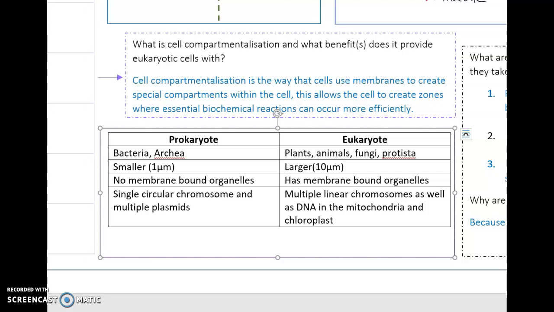And remember, they become important when we're speaking about some of the gene transfer stuff later on in the curriculum. Whereas eukaryotes have multiple linear chromosomes, but be aware they also have DNA in the mitochondria and chloroplast, and it's circular, like in the bacteria, which gives a hint to their past.